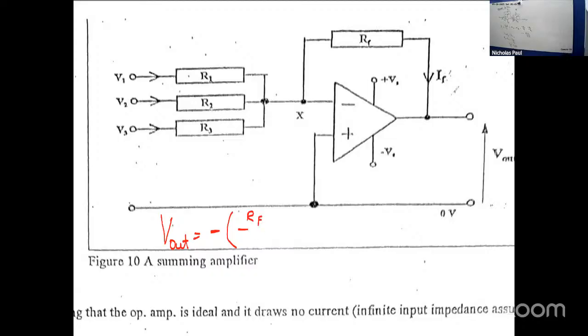It will be minus RF on R1 multiplied by V1, plus RF on R2 multiplied by V2, plus RF on R3 multiplied by V3. Right? So you have to combine all the inputs and all the resistors to get the final output.